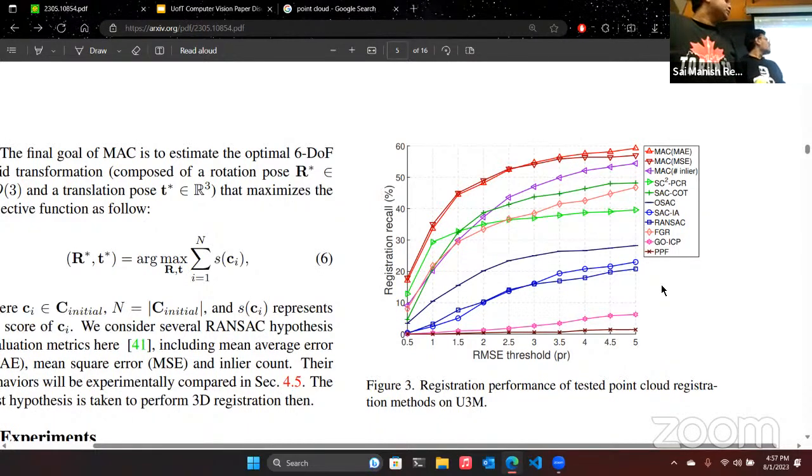Right. So the RMSE threshold basically shows the amount of error. When you want lower error, you are going to get less recall. But when you allow for more error, then you are going to get more. Because if you increase the error, the points which are corresponding correctly will also increase.